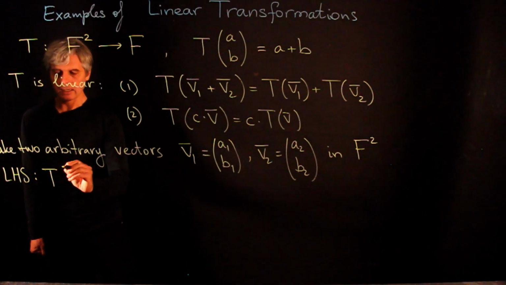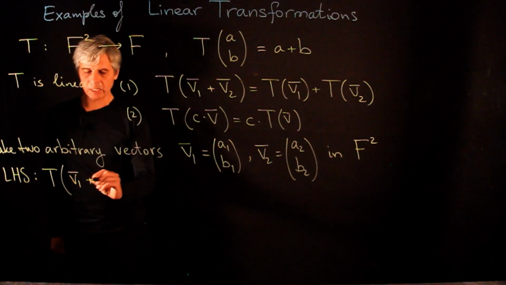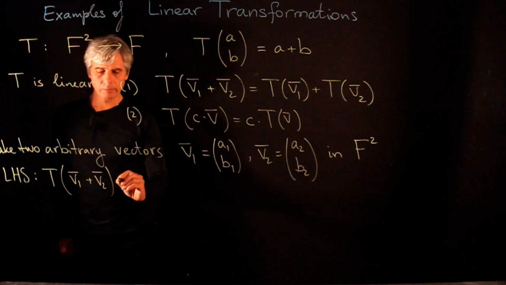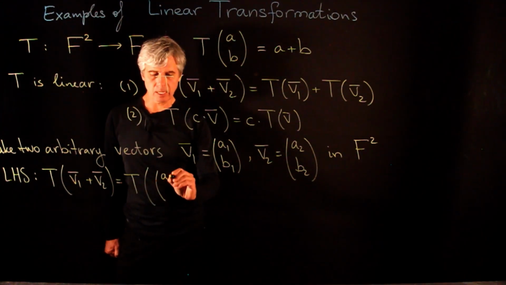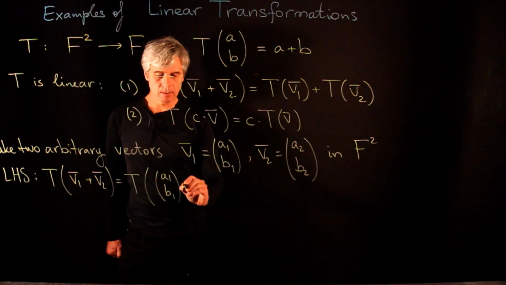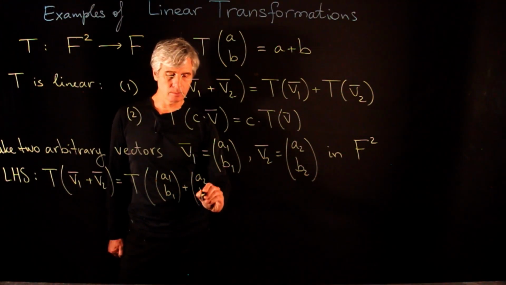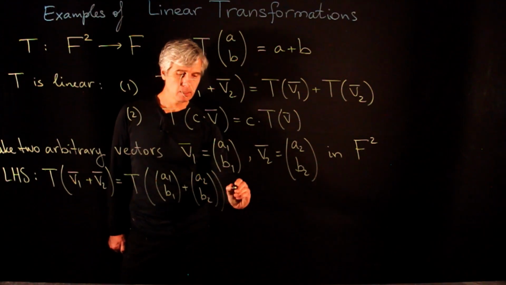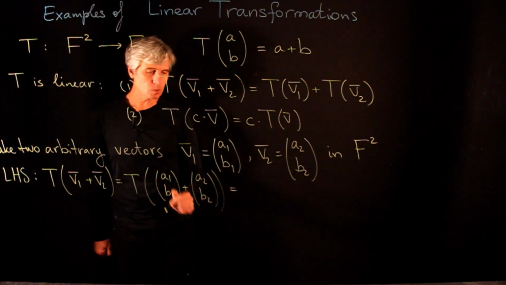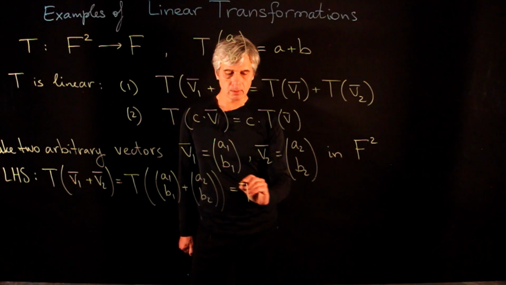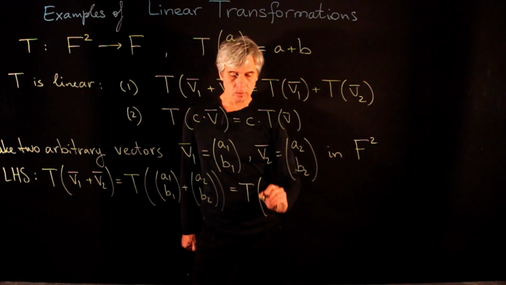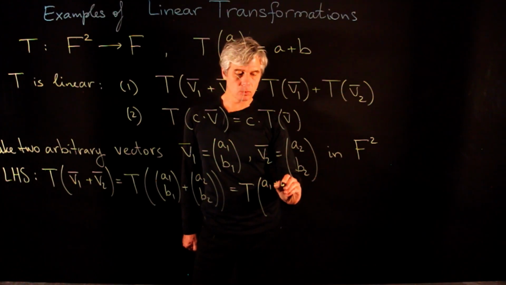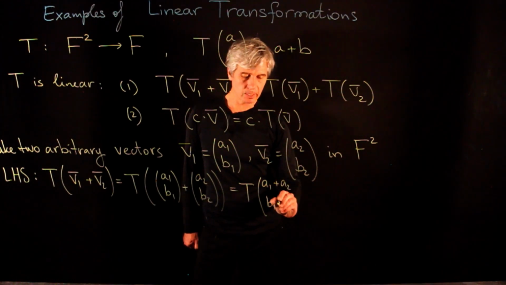So now the left-hand side. We have T of V1 plus V2. Here we add these two vectors, A1, B1 plus A2, B2. We add vectors component-wise in the vector space F2, so we get the vector A1 plus A2, B1 plus B2.